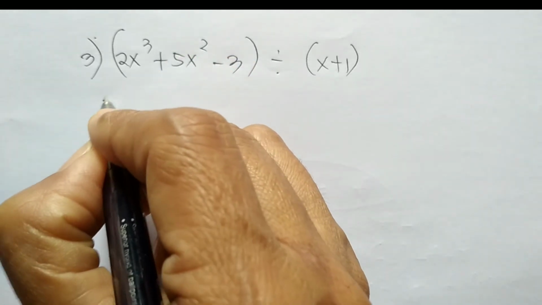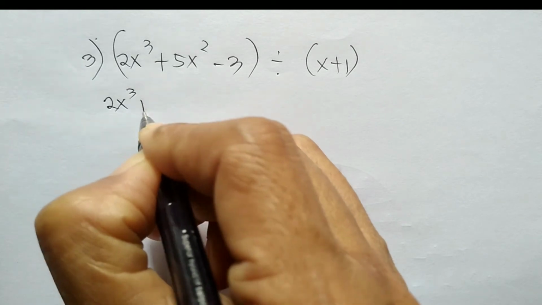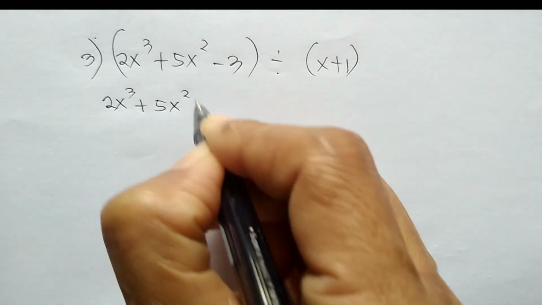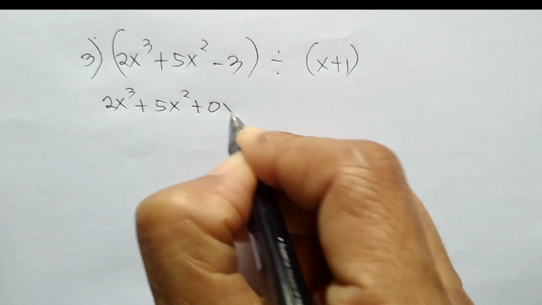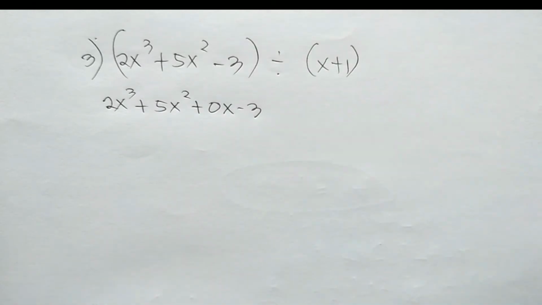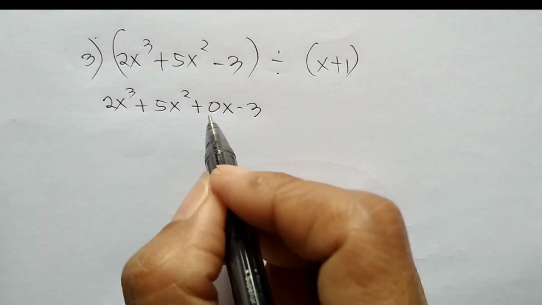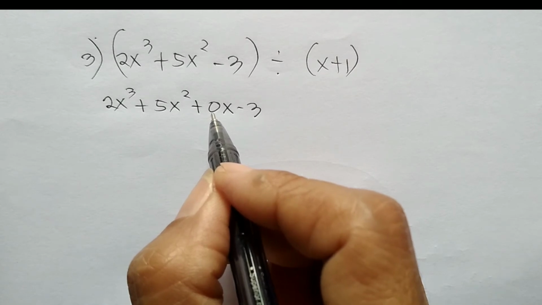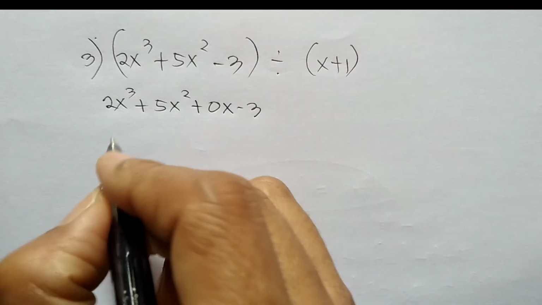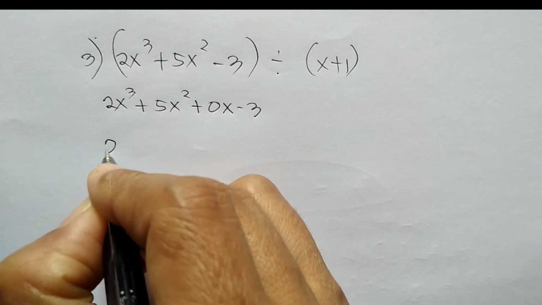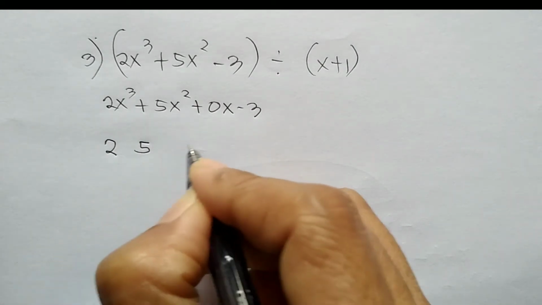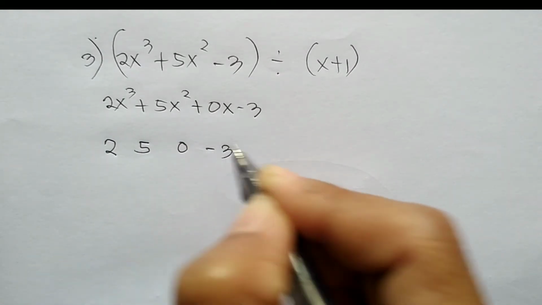So this should be 2x cubed plus 5x squared plus 0x minus 3, with 0 to represent the coefficient of our linear term. So let us arrange 2, 5, 0, and negative 3.